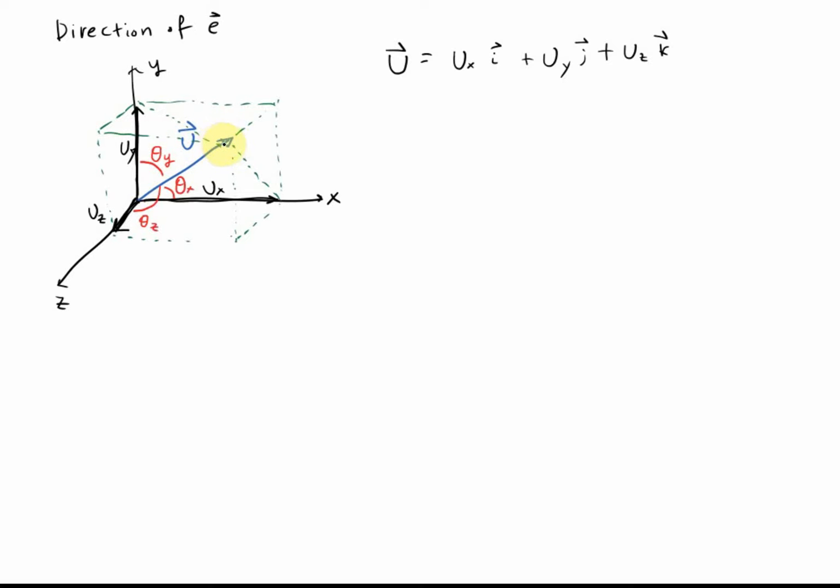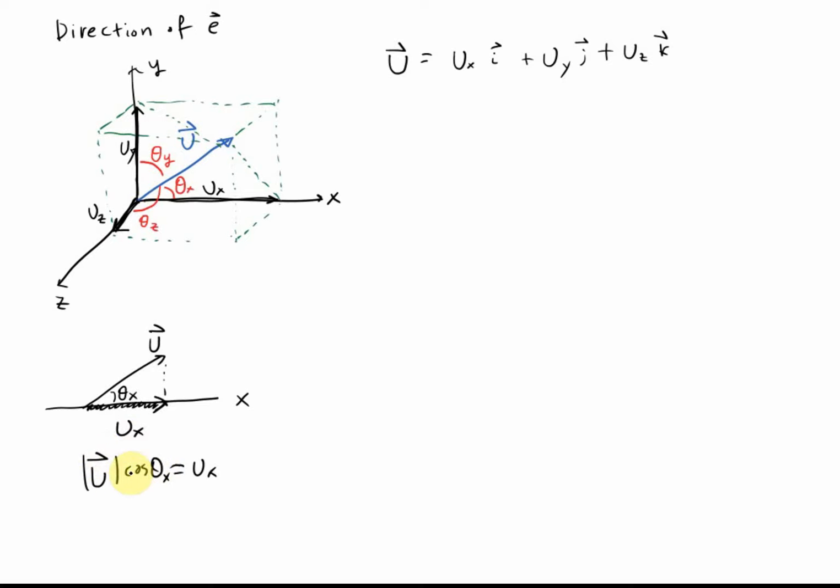Then just thinking about ux, what is ux? As you know, let's say this is u, and this is x. If you project u onto the x-axis, then this angle is theta x, and from here to here is ux. So u magnitude cosine theta x should be ux, because the angle between u and the x-axis is theta x.